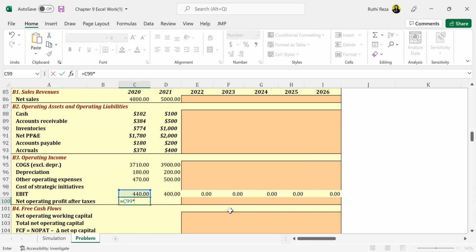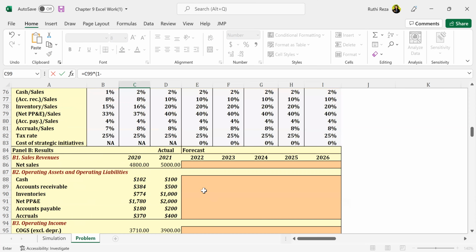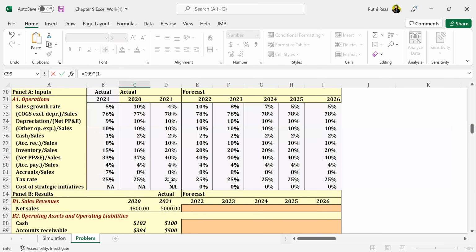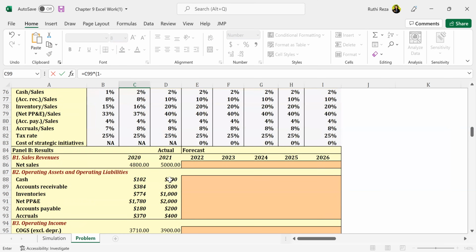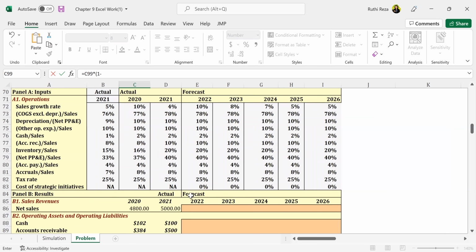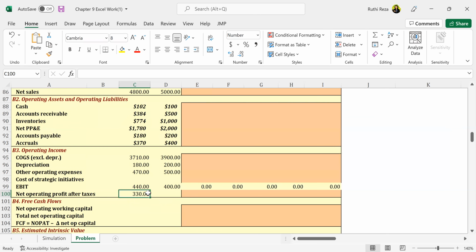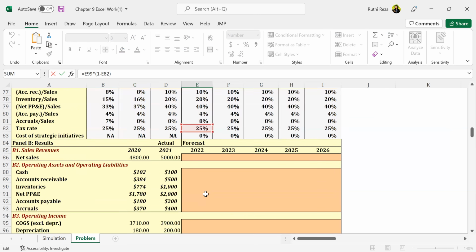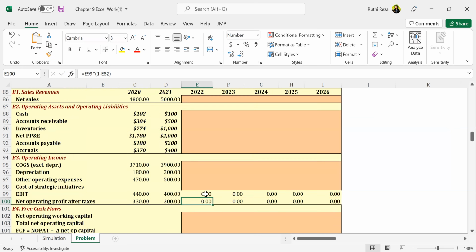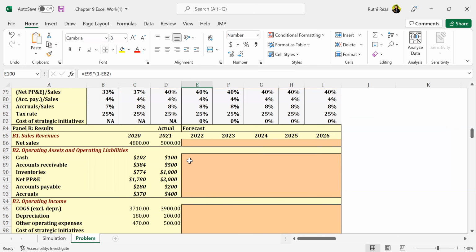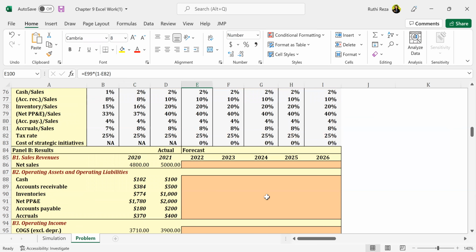So EBIT times 1 minus tax rate. All right. Now, let us forecast all of these items.